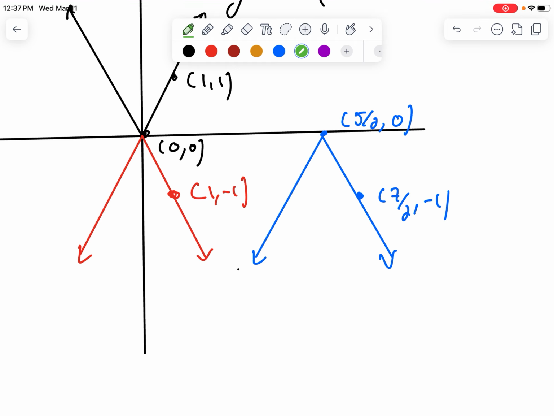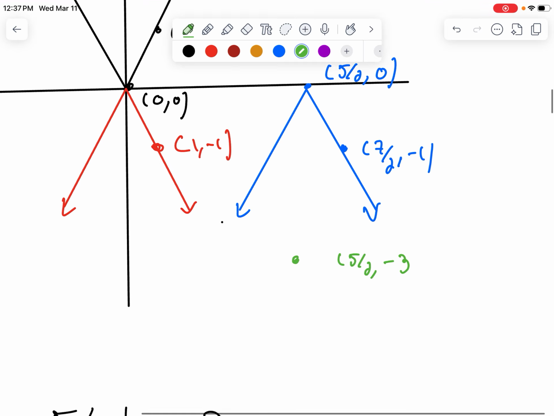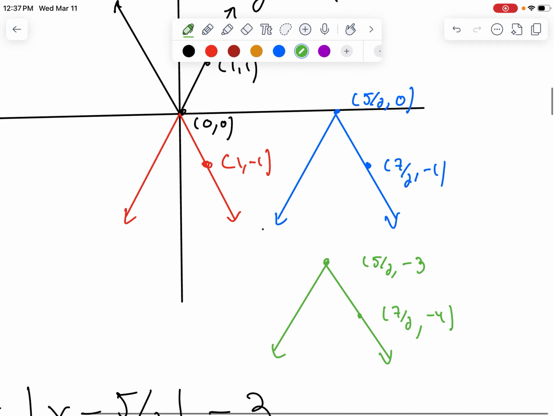You add or subtract the k value to the y's. So for example, 5 halves, 0, because I'm shifting down by 3, becomes 5 halves, negative 3. And 7 halves, negative 1 goes down by 3 and becomes 7 halves, negative 4. Your graph essentially just went down 3 units, as such.